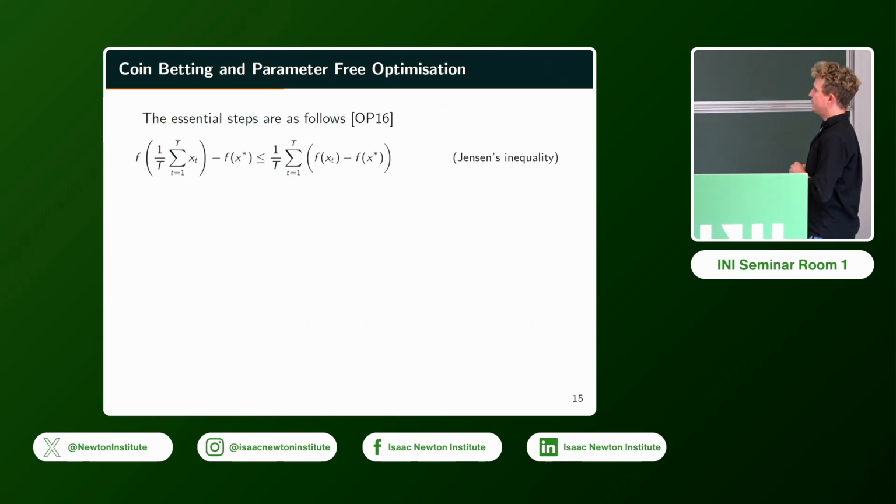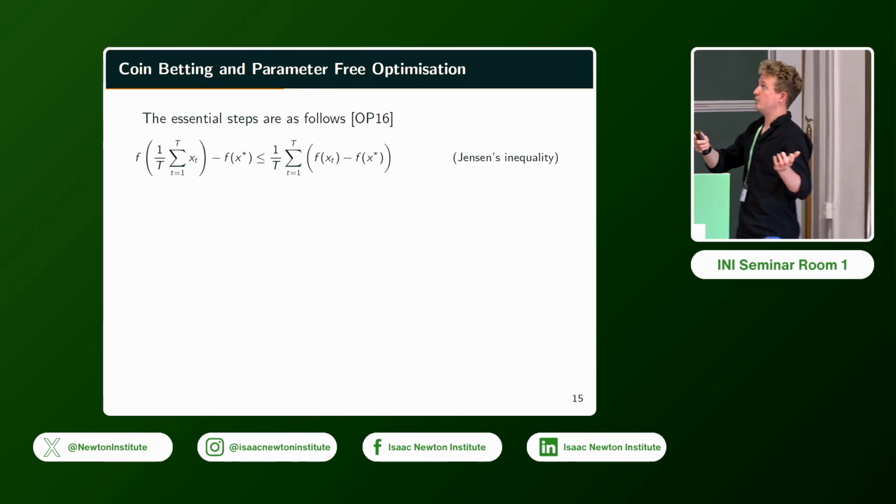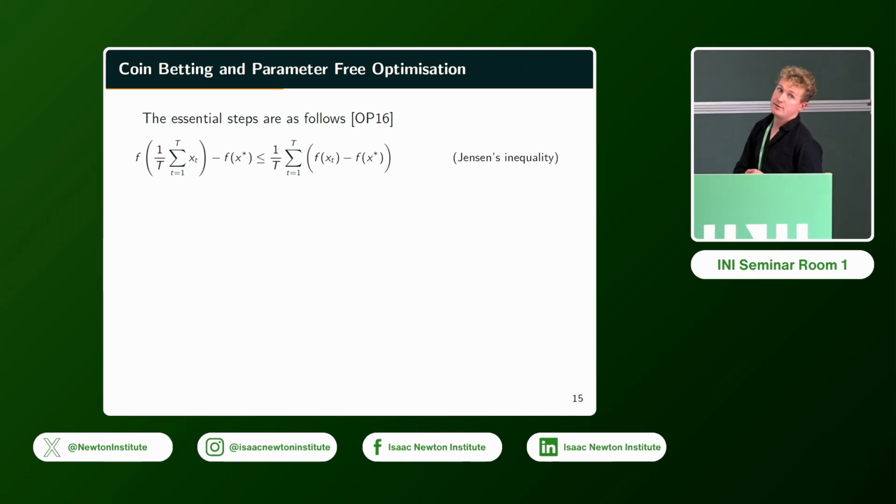Okay, so where does this result come from? Well, the very nice thing is that the main steps of the proof of this result are very straightforward, so I'm just going to run through them very quickly. This is, of course, hiding some details, in particular in the last step, but it's instructive to see how we get this result. Okay, so this is the thing we want to bound: f evaluated at the average of the bets minus f evaluated at the minimizer.